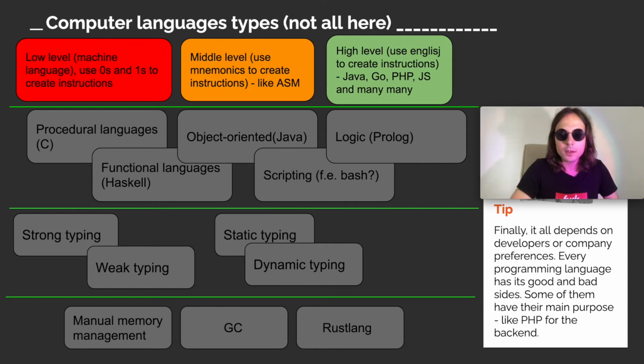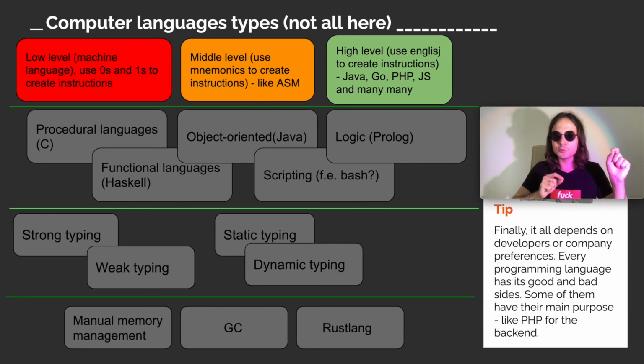For example, we cannot write the number 2 plus a string with the char 2 because they are different types. For example, we cannot use a string as an argument if the function expects an integer data type.